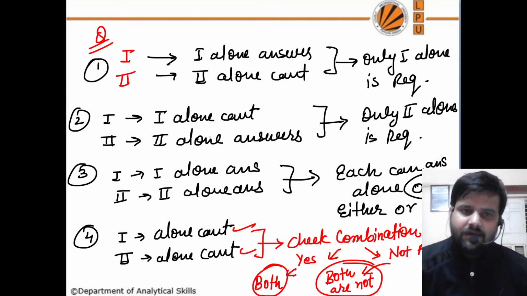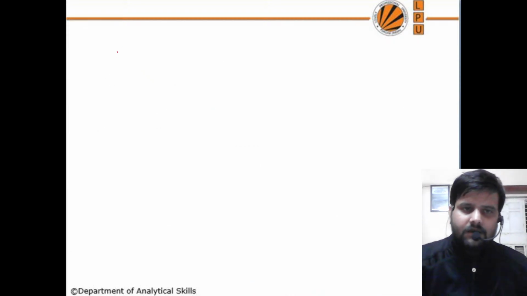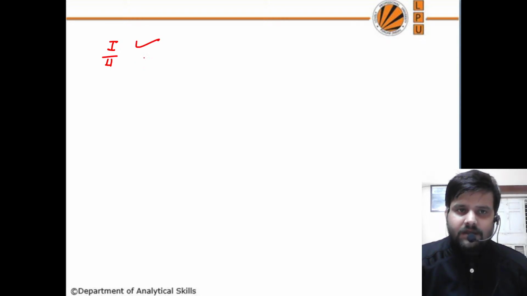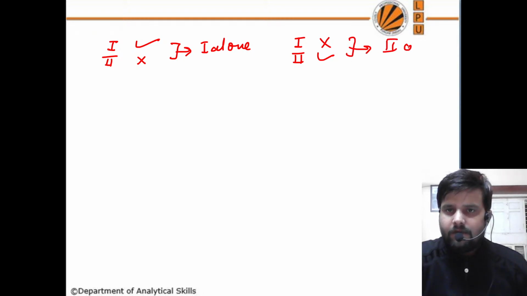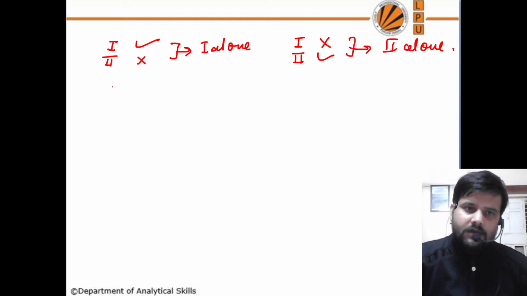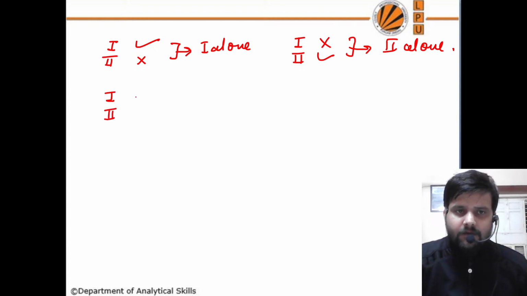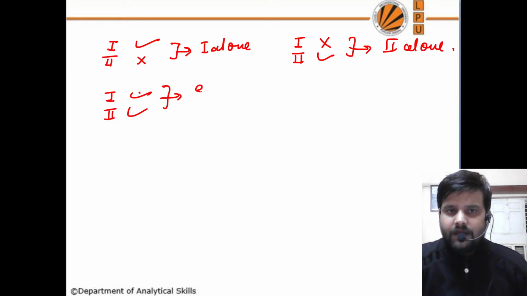Okay, so whatever I have written here, I am summarizing it. First and second statement. If first alone answers, second can't, the answer is first alone. Second case is only second answers but first can't, so your answer would be second alone. Third case would be first and second both answer individually alone, so each or either, whatever is available in the option.